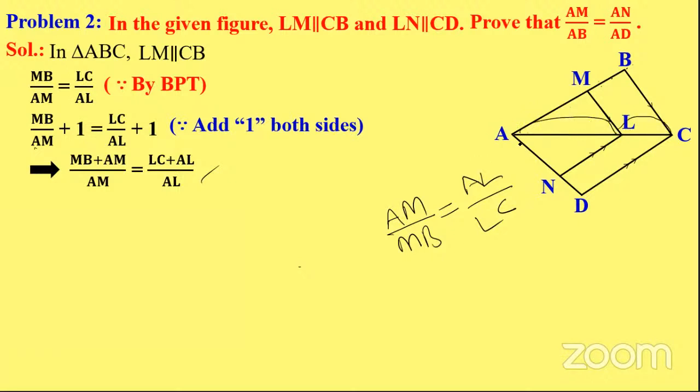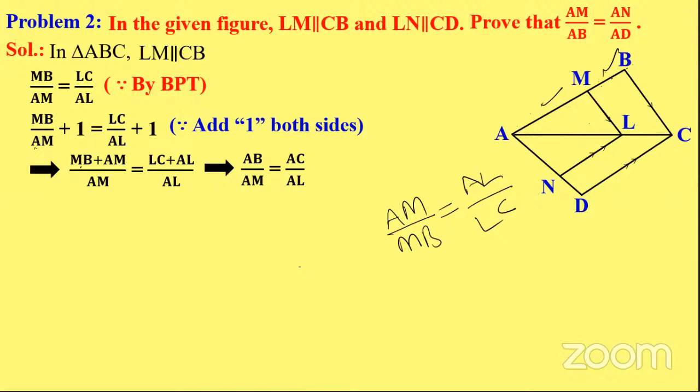Their total is AC. So now we'll write that. Instead of MB and AM, this is MB, this is AM, their total is AB. So now we'll write AB by AM, AC by AL.